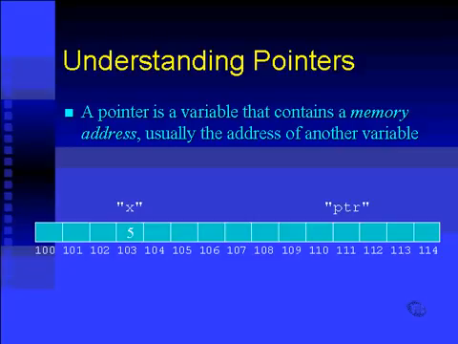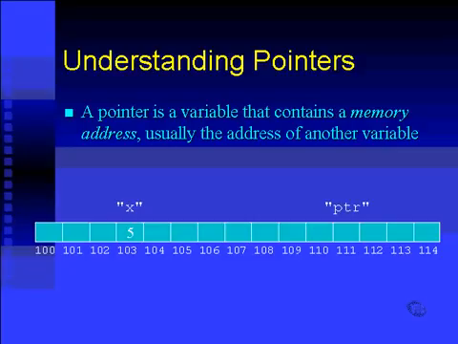Now, if pointer was an integer, then we could put an integer value inside that box. We could put the value 7 into that box. However, pointer is not an integer. I've declared x to be an integer, but I'm not going to be declaring pointer to be an integer. I'm going to be declaring pointer to be a pointer to an integer.